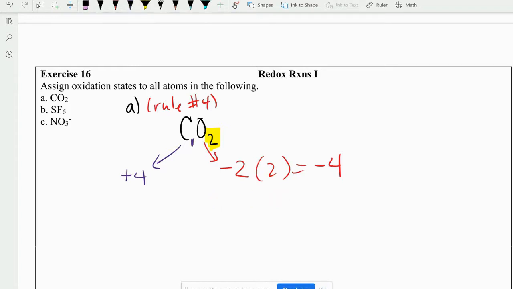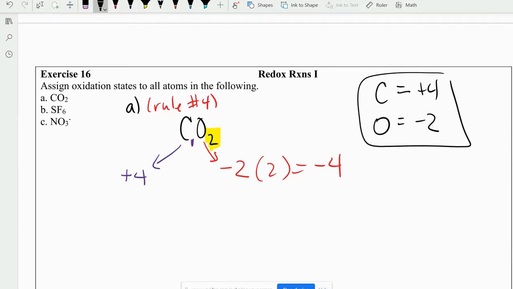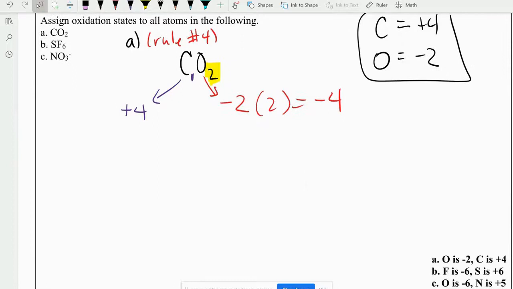So again, charges must equal 0 if of course it doesn't have an ionic charge. So in this particular case, the oxidation state for carbon is a +4, and the oxidation state for oxygen is a -2. Now, yes, there's 2 of them to get a -4, but each individual oxygen has an oxidation state of a -2.